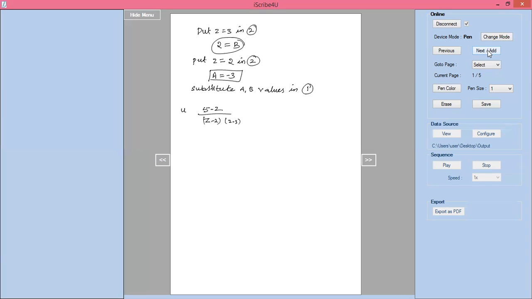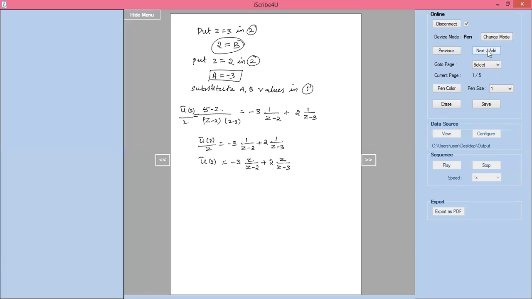This is U bar of z divided by z equal to minus 3 into 1 divided by (z minus 2) plus 2 into 1 divided by (z minus 3). Now U bar of z equal to minus 3 into z divided by (z minus 2) plus 2 into z divided by (z minus 3).